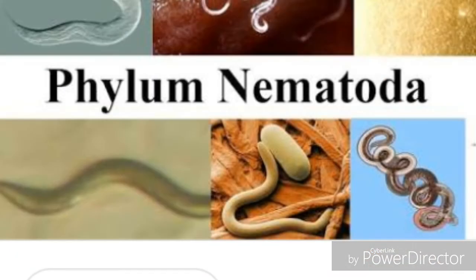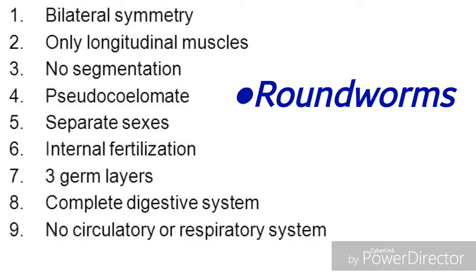Now let us learn about fourth invertebrate phylum, Nematoda. Let us see the characteristics of nematodes. Nematodes are bilaterally symmetrical. In them only longitudinal muscles are present, no segmentation in the body. They are pseudocoelomate. Body cavity is not fully developed.